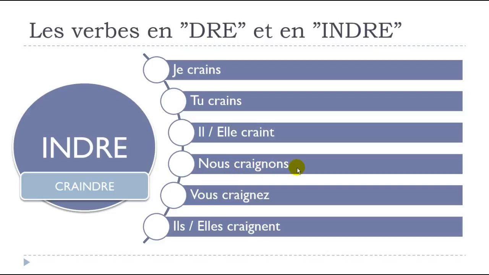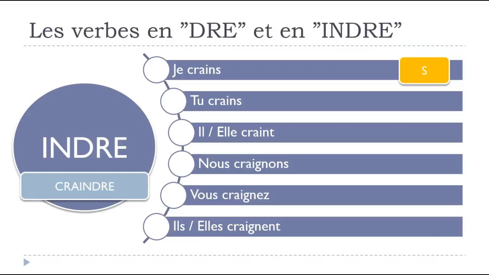Craignons, craignez, craignent. Okay, but if you remember to put it here, the good news is that it will come for nous, for vous, and for il, elle at the plural form. So je crains, tu crains, il craint, elle craint, nous craignons, vous craignez, ils craignent, elles craignent.